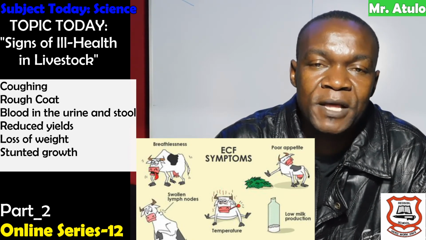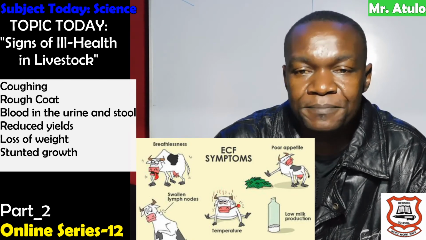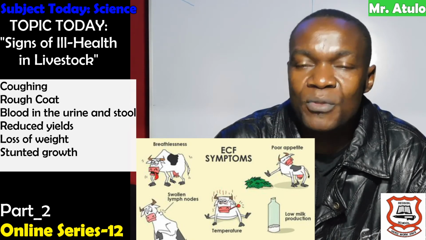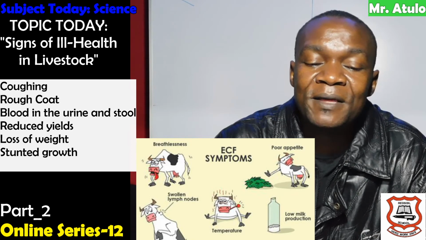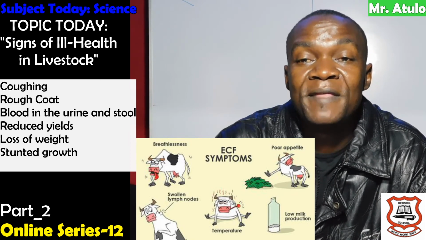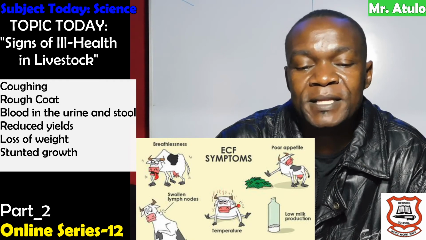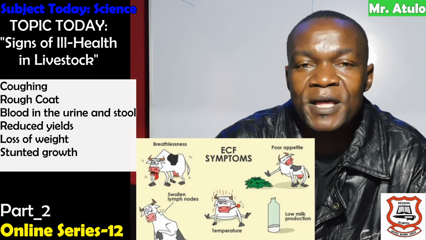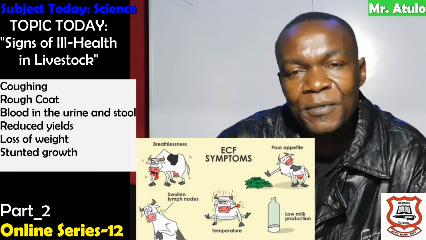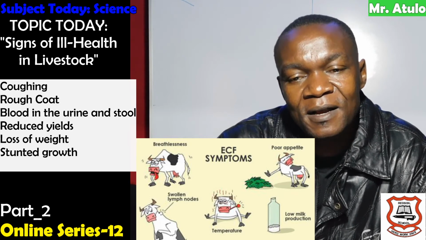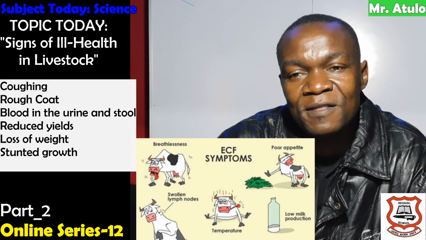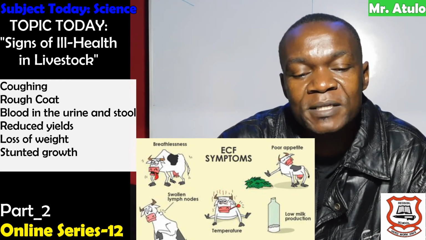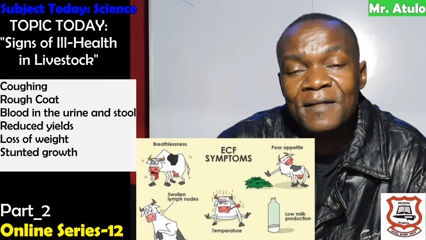Number 3, we mentioned the blood in the urine. Blood is a stain that shouldn't appear at all, both in the urine and even in the stool. Anytime it appears there, it is an indication that the animal has internal bleeding, either in the digestive tract or in the urinary tract, particularly the bladder. If an animal is attacked by flukes, for example, some flukes attack especially the urinary tract, and there are those which attack the digestive system.